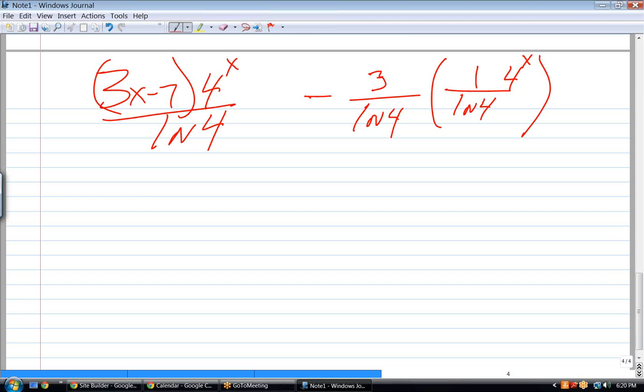Do I multiply the two functions on the right together? No, probably you don't want to do that. It'll just make it harder to factor. Remember, the next step is always to factor out the greatest common factor. What's the greatest common factor between that expression and that expression? 4 to the x over ln of 4.